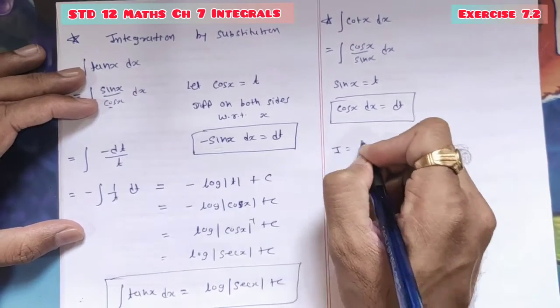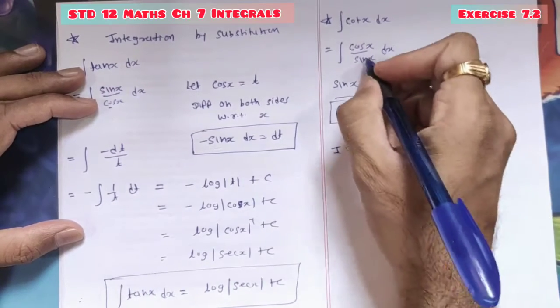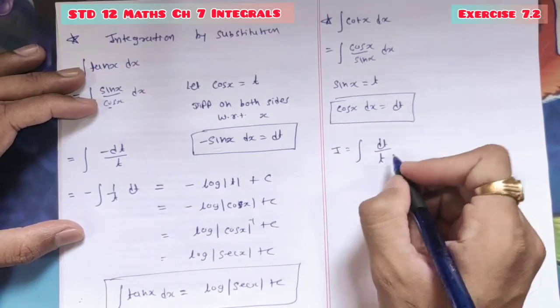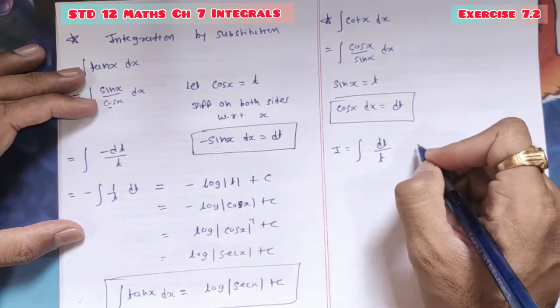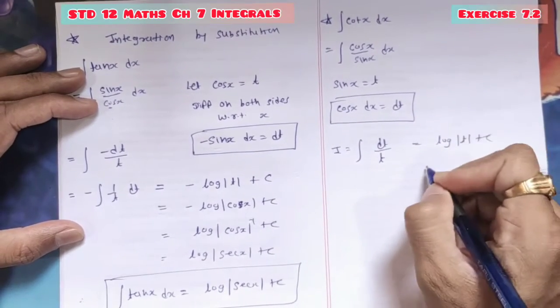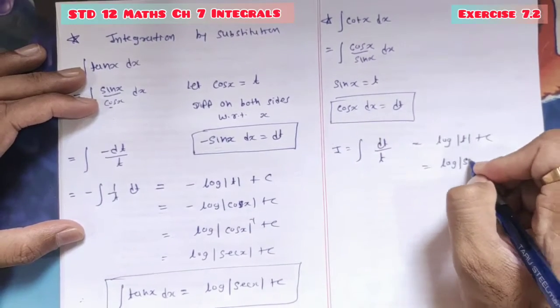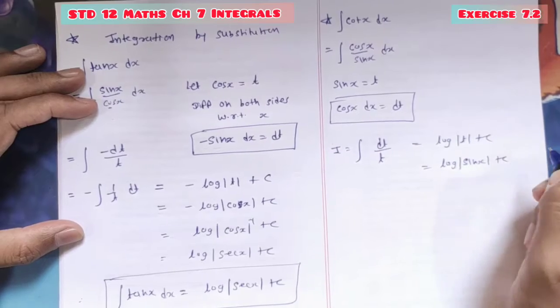Therefore cos x dx, which is dt, upon sin x. So it's an integration of 1 upon t dt, which is equal to log mod t plus c. t is nothing but the sin x, so it's a log mod of sin x plus c.